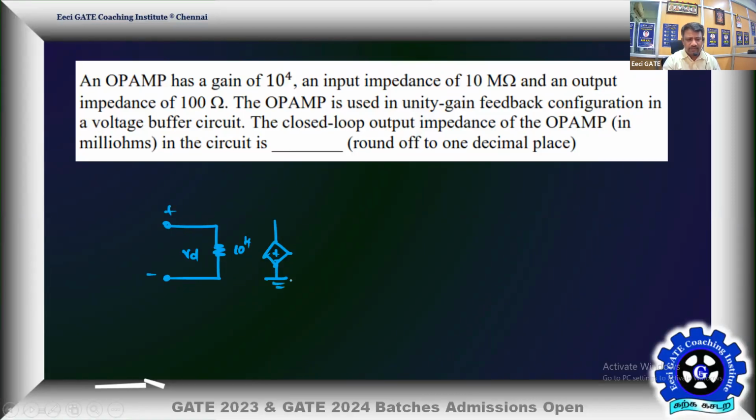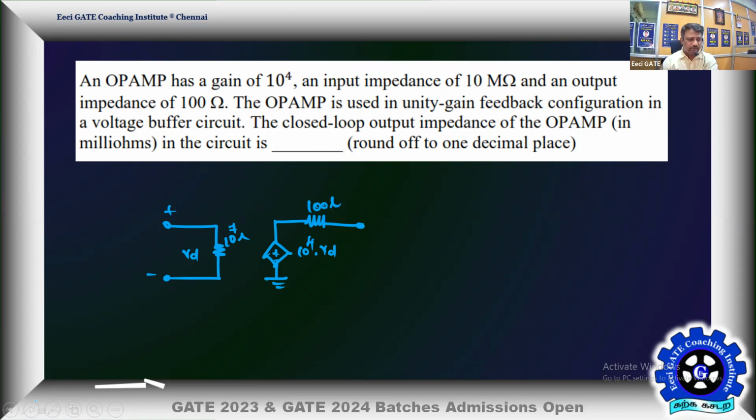Let me take it as a ground. The input resistance is given as 10 megaohm, so 10 power 7 ohms. Its voltage gain is A0 into VD, which is 10 power 4 into VD. That's the open loop gain. And we have the output resistance, 100 ohms given.